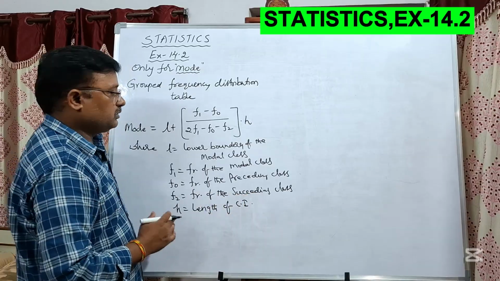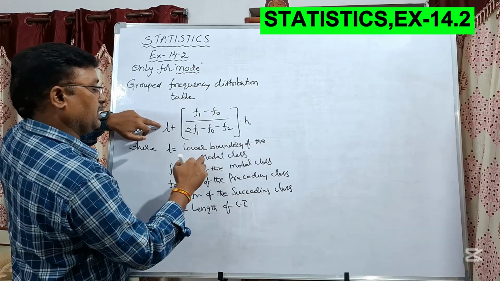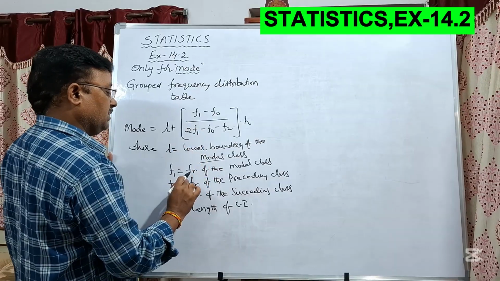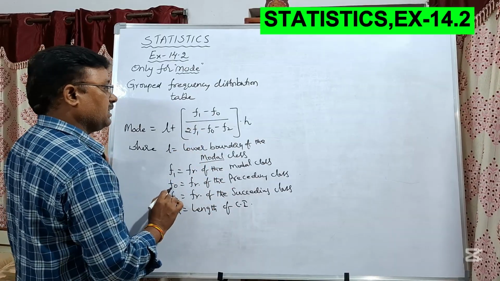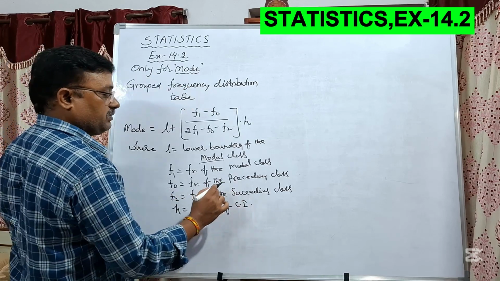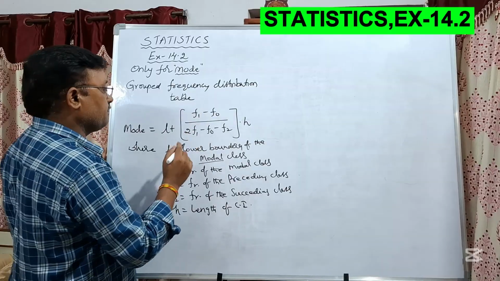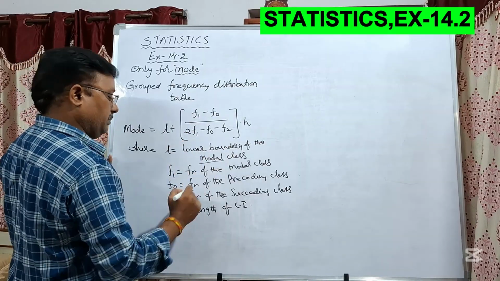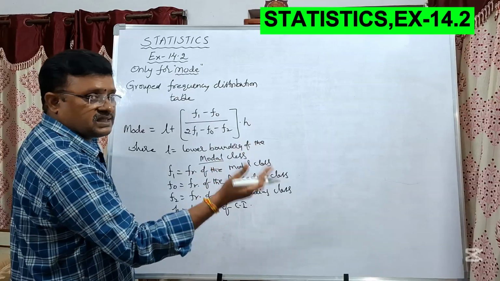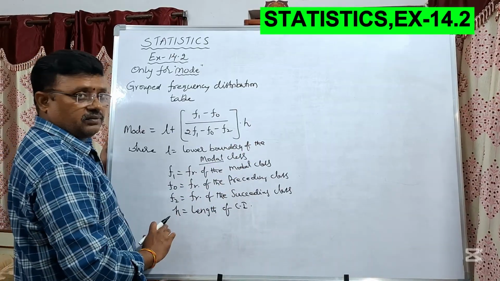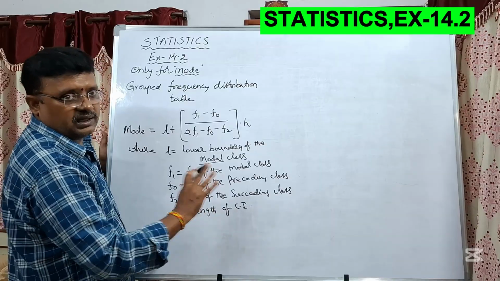So L means the lower boundary of the modal class; we need to recognize that. f1 is called the frequency of the modal class. f0 is the frequency of the preceding class, the previous class, and f2 is the frequency of the succeeding class, the next class interval frequency, and h is the length or size of the class interval.